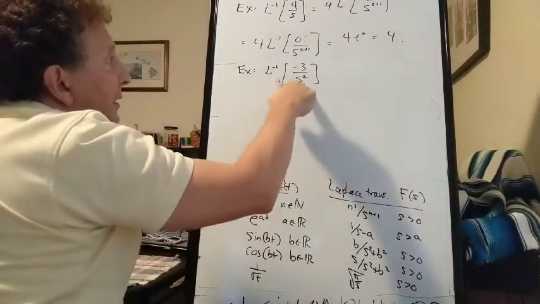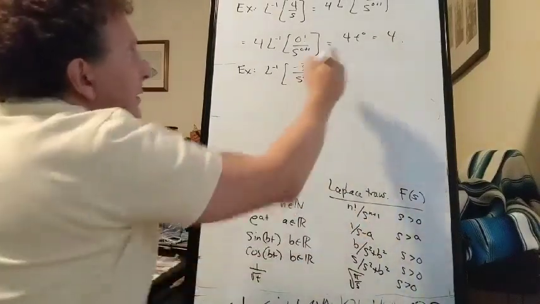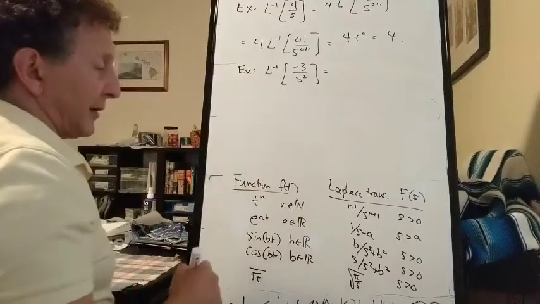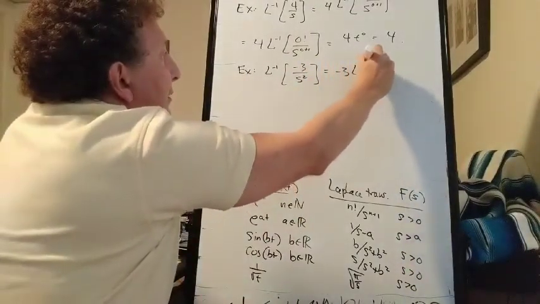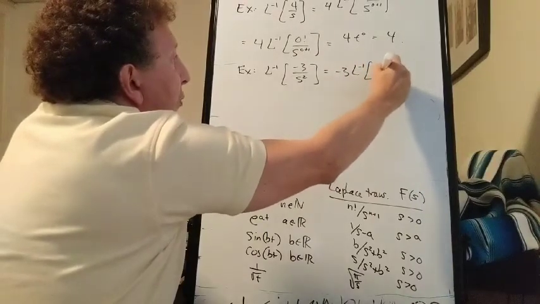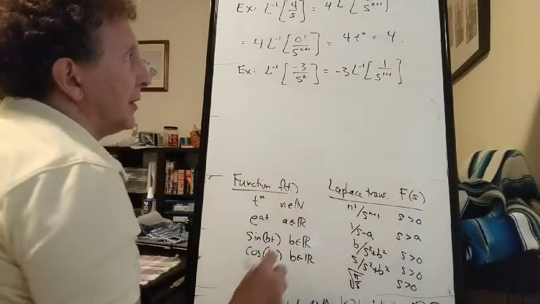Well, we've got a power here, so we'll try and use this first entry again. Negative 3 is definitely not factorial of anything, so negative 3 L inverse of 1 over s to the 1 plus 1, because it helps if we write this as s to the something plus 1.